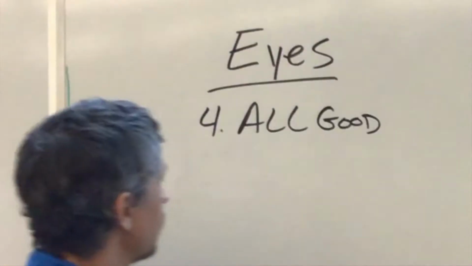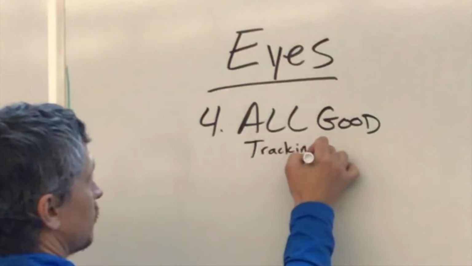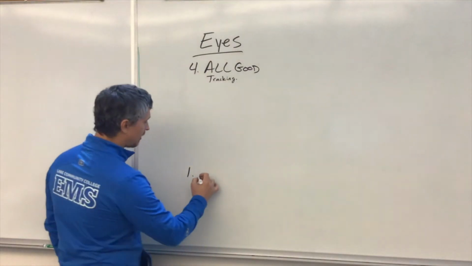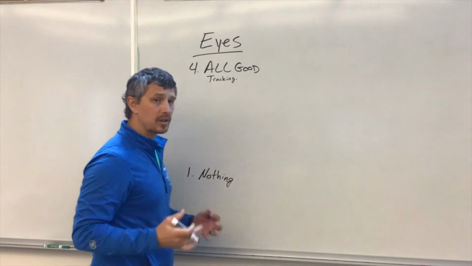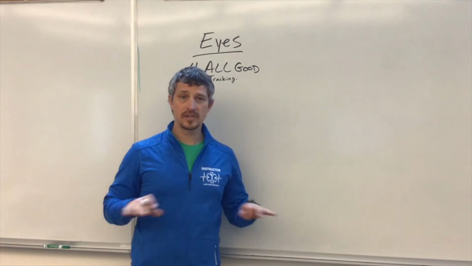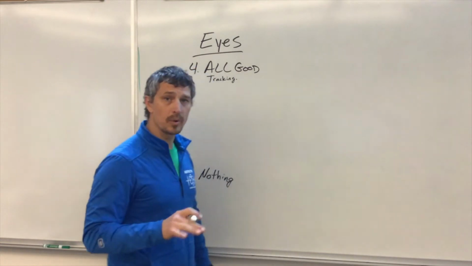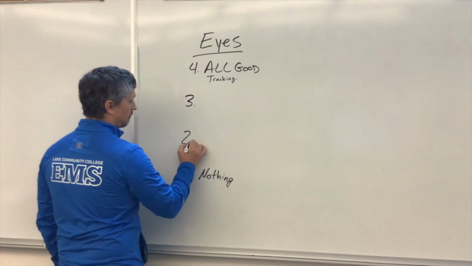Everything's normal. So their eyes are tracking. And then down here at our 1, we've got nothing. Their eyes are closed. They don't open them to pain. They don't open them to look at us. They're just closed. No response from their eyes. And then we're going to fill in between.